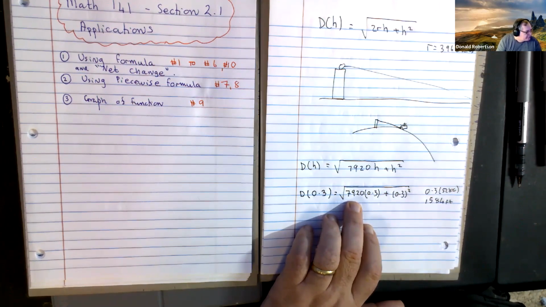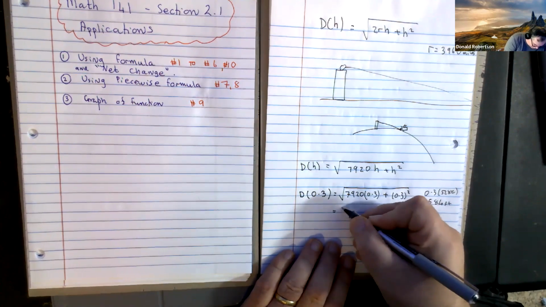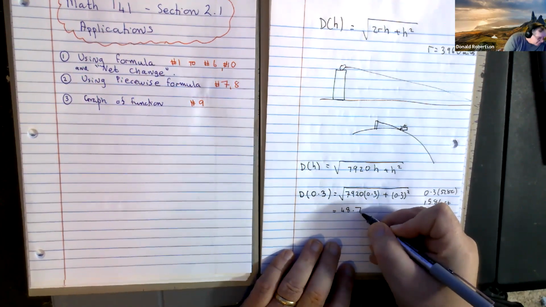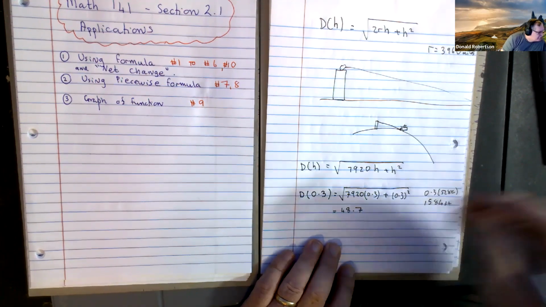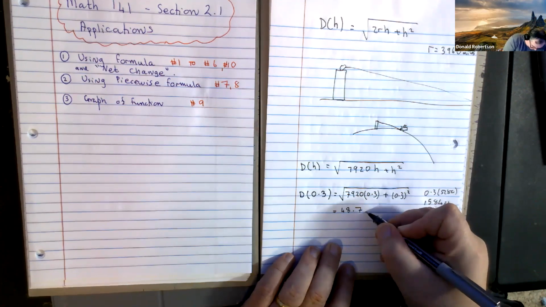So it's going to be the square root of 7,920 multiplied by 0.3, and then I'm going to add to that 0.3 squared. And the answer I come up with is that you would be able to see only 48.7. How many decimal places do they want? One decimal place, so 48.7 miles.